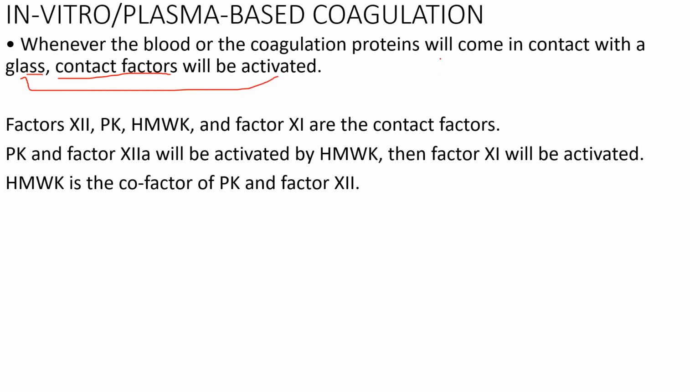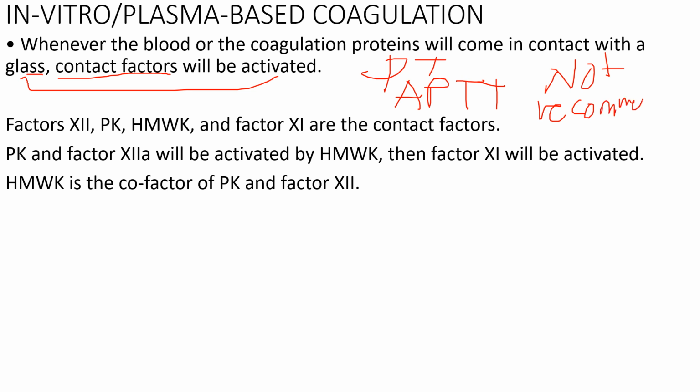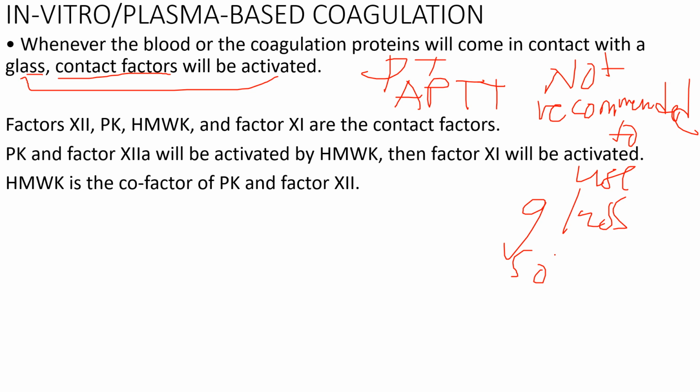That is why in your laboratory, whenever you would perform prothrombin time and APTT, it is not recommended to use glass sodium citrate tubes because it can lead to the activation of the so-called contact factors.